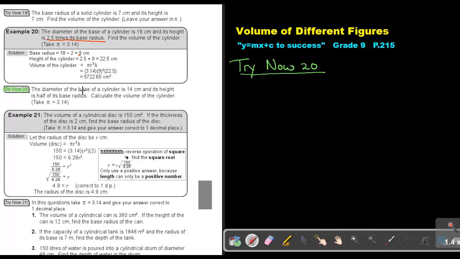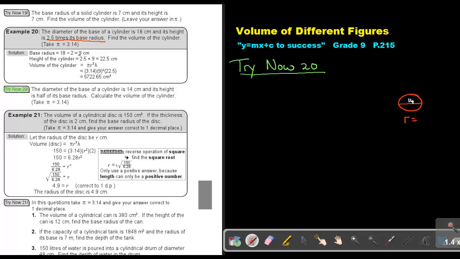The diameter of a base of a cylinder, now I think it's best if we make a picture again. So the diameter of the base is 14. And its height is half of its base radius. So first I must find the radius. How do I find the radius?